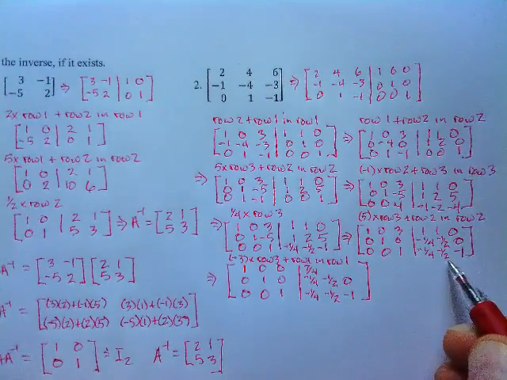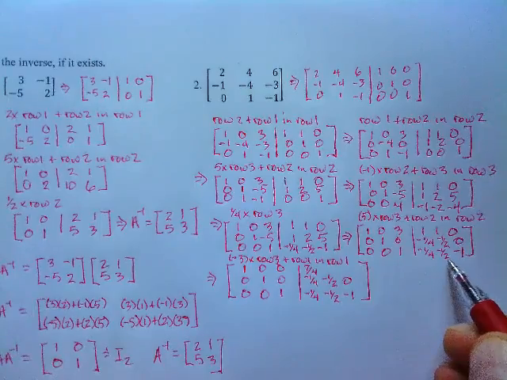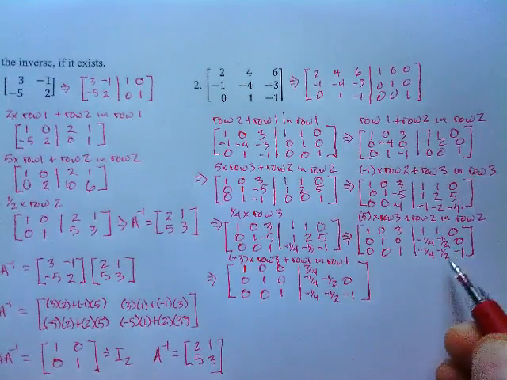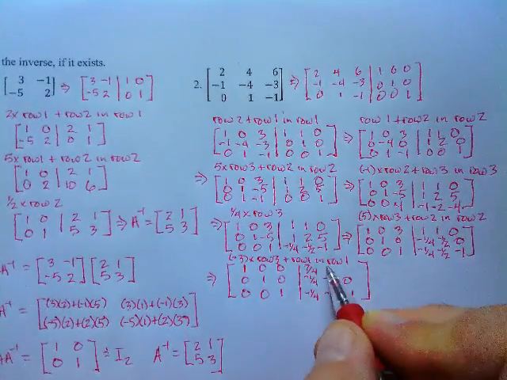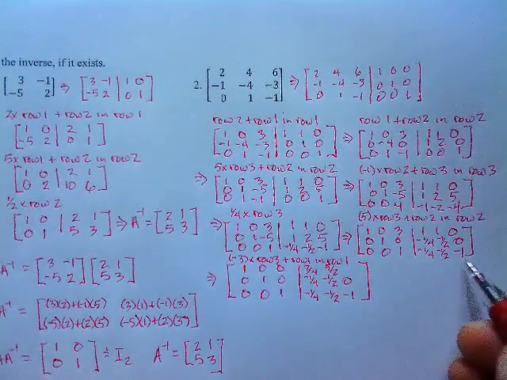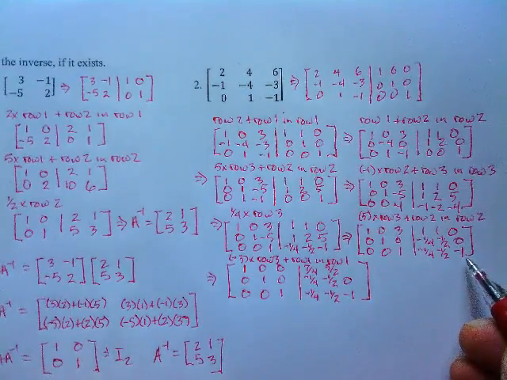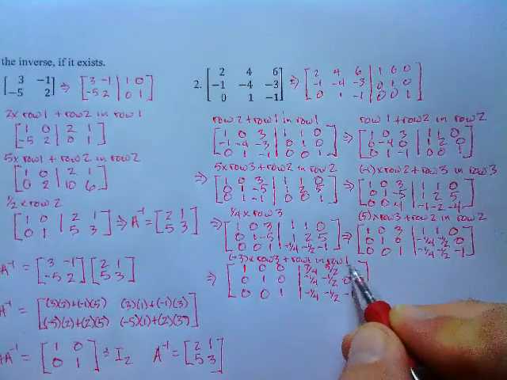Then I have negative 3 times negative 1/2, so that's 3/2, 3/2 and 1, which is 2/2, so 3/2 and 2/2 is 5/2. And then here, negative 3 times negative 1 gives me 3, 3 and 0, that gives me a 3 there.